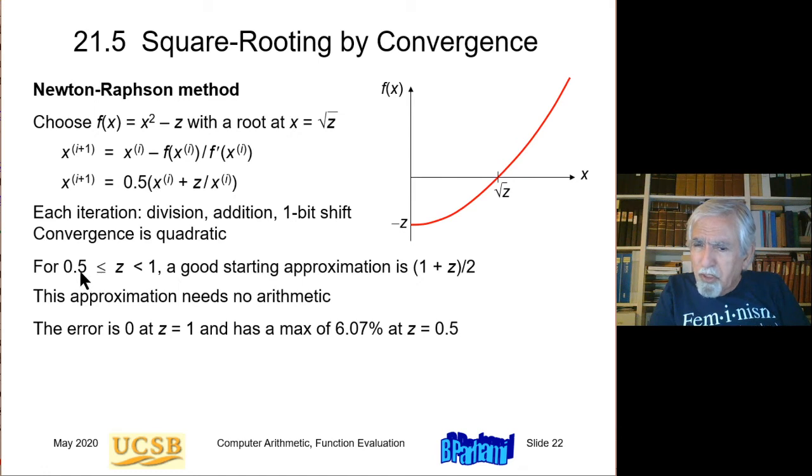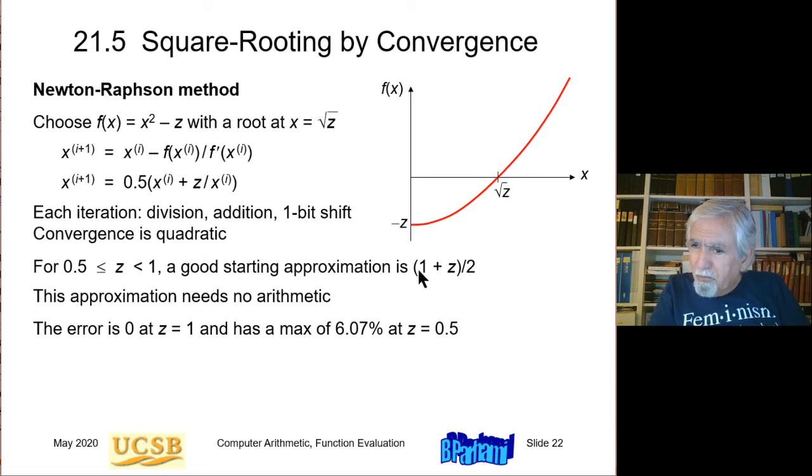If z is 0.5, the lower range, this is 1.5 divided by 2, which is 0.75, which is a pretty good approximation.